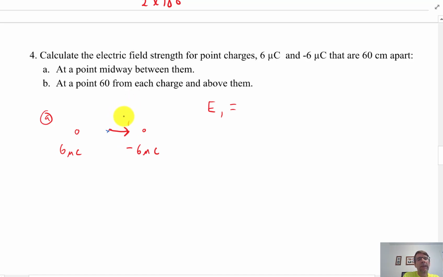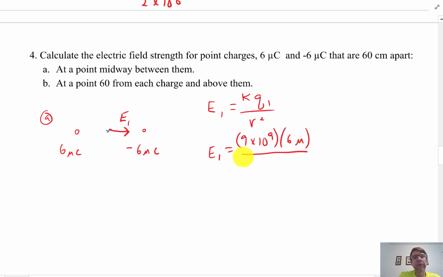Well, E sub 1 is kQ1 over r squared. E sub 1 from the positive 6 is 9 times 10 to the 9th times that charge, which is 6 microcoulombs, so 6 times 10 to the negative 6.